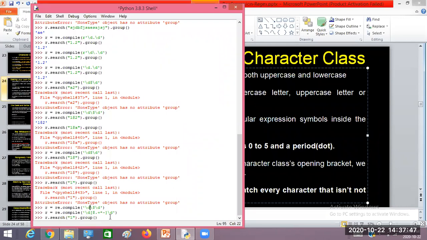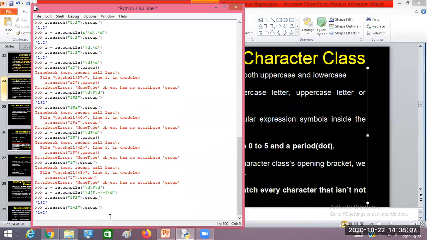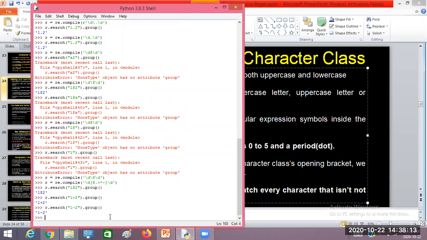a digit followed by any of the symbols like dollar, dot, plus, star, minus, followed by another digit, right? Like here, $1.2. So this is going to match now. Like this, if I write 1 plus 2, it is going to match 1 plus 2. If I take 1 minus 2, it is going to match 1 minus 2.